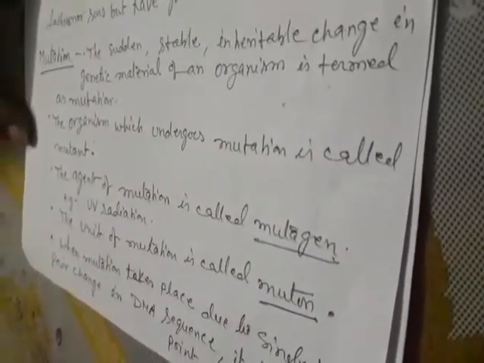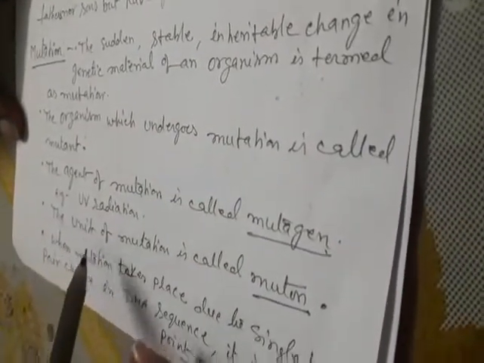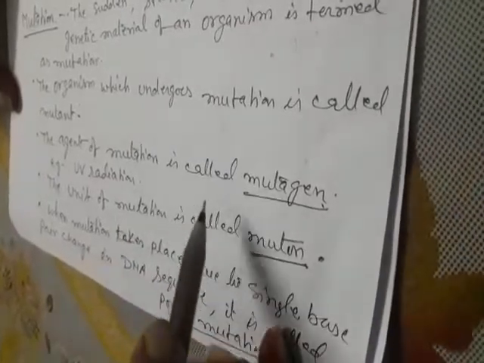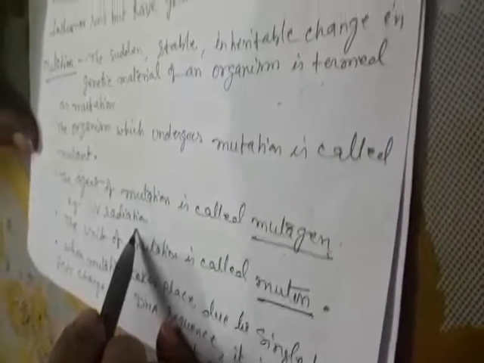The agent of mutation is called mutagen, for example ultraviolet radiations. The unit of mutation is called muton. When mutation takes place due to a single base pair change in DNA sequence, it is called point mutation.